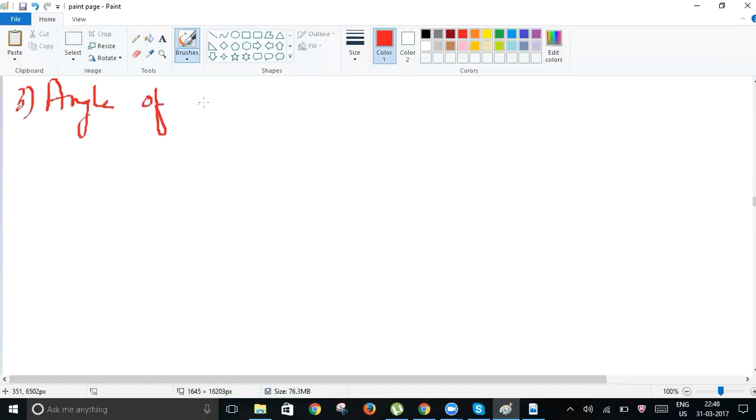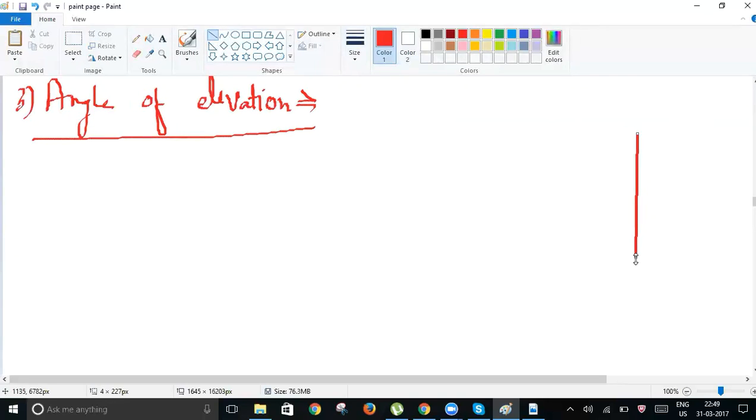First is angle of elevation. Look how we define angle of elevation. It's simple. There is a building like this, and I have placed a flag at the top of this building.